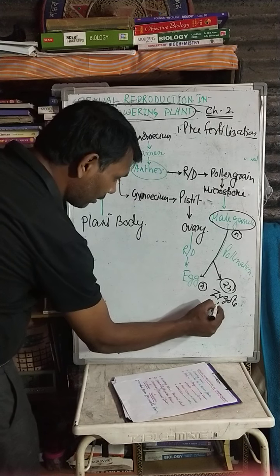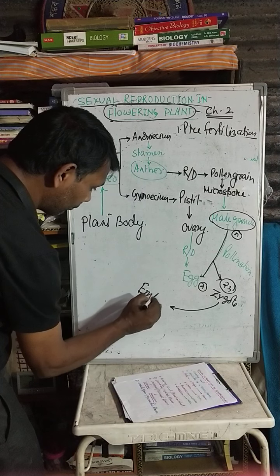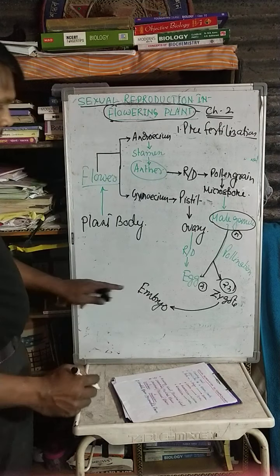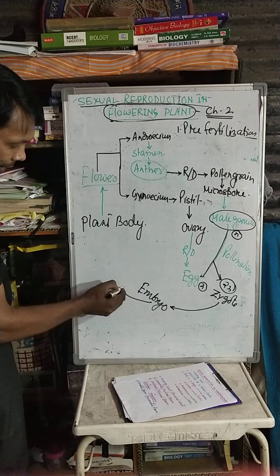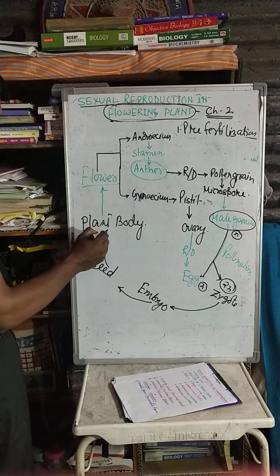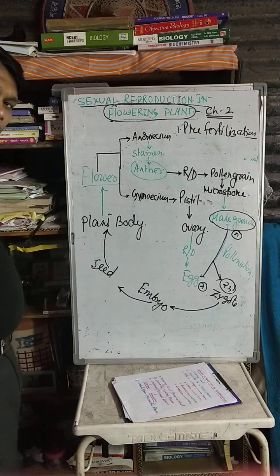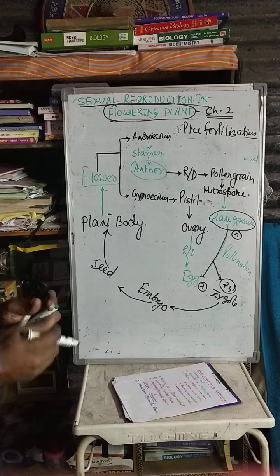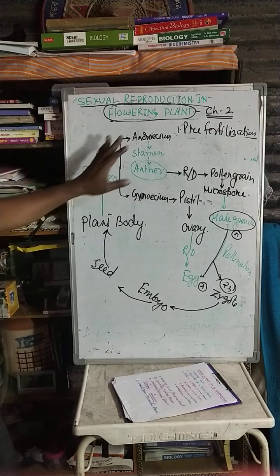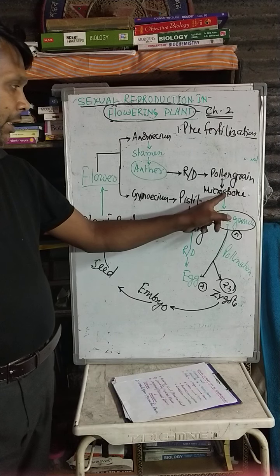Then this zygote forms the embryo. Then the embryo develops to seed, and the seed develops to the plant body. So this is the normal life cycle of the plant. This is the flower, androecium and gynoecium is there, and the androecium finally produces pollen grain or microspores.